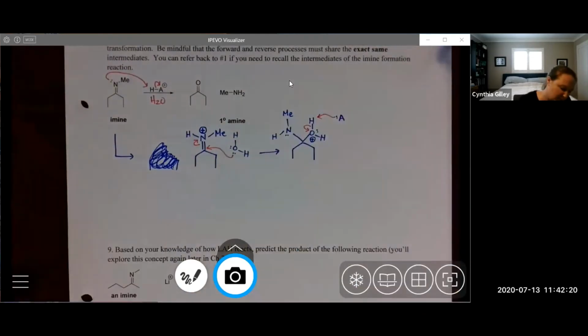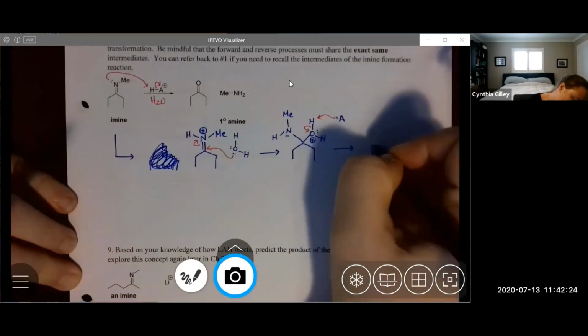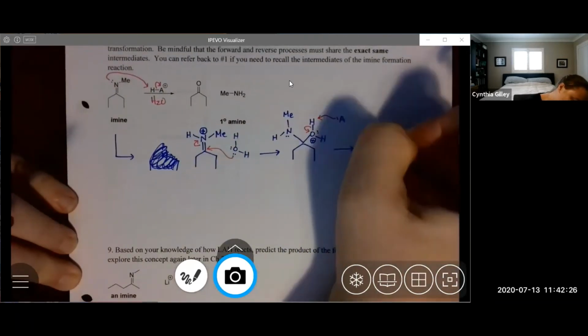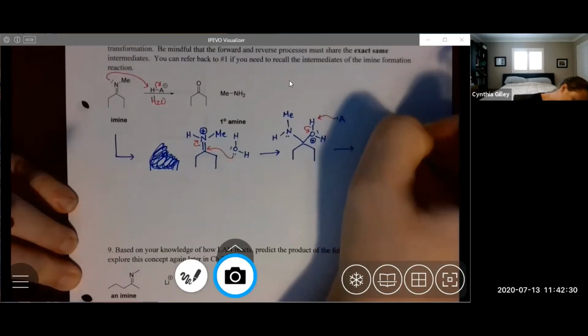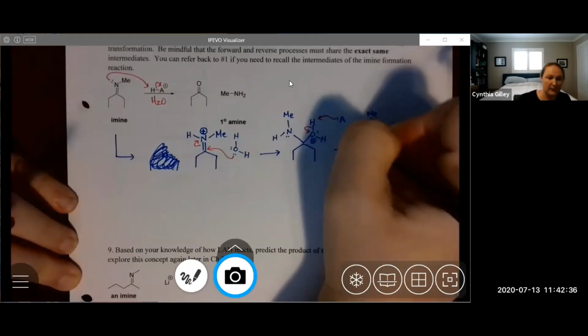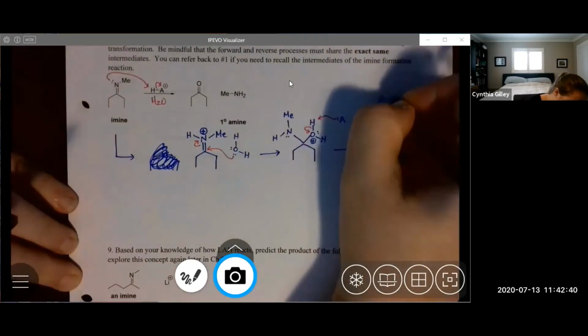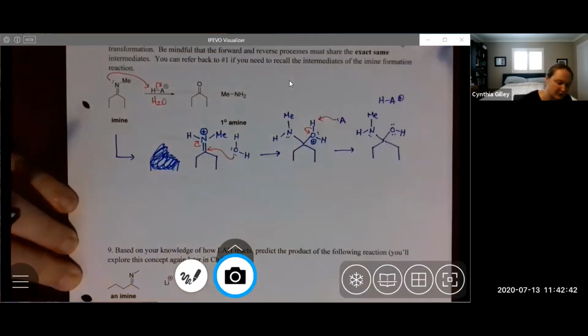First, take off the proton from the oxygen, and I'll be able to add it to the nitrogen.